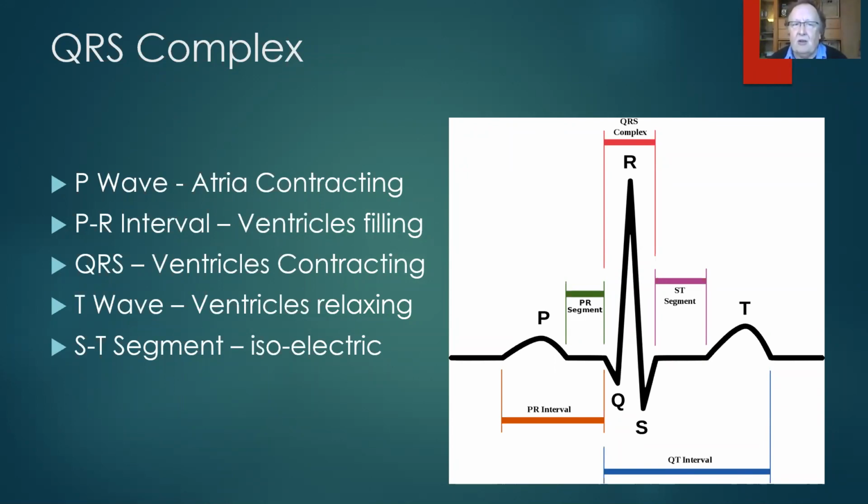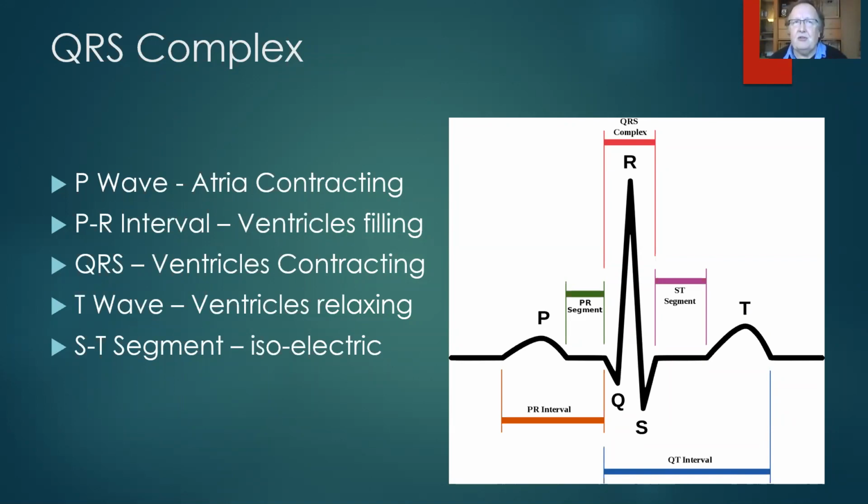The QRS complex is the ventricles contracting as one. Here, we do not see the atria relaxing or repolarizing because the ventricles are so much bigger in muscle mass, they hide the atria relaxing. The T wave is the ventricles relaxing. Then the ST segment, which should be isoelectric, is a pause.